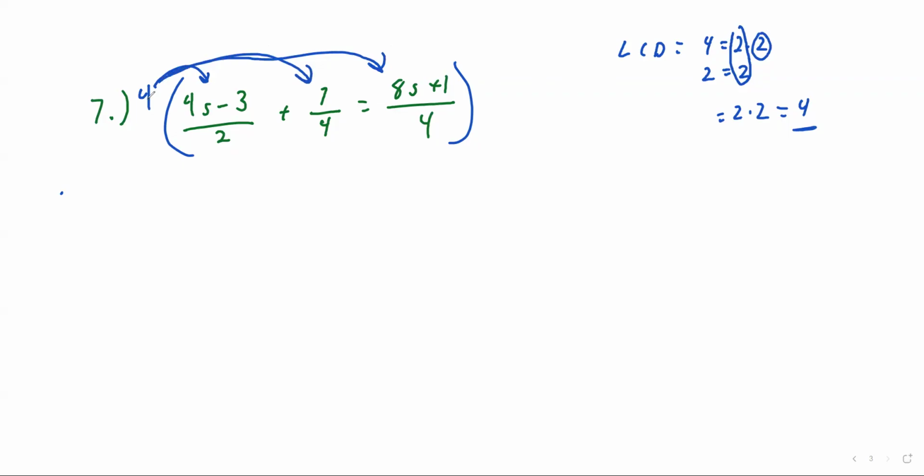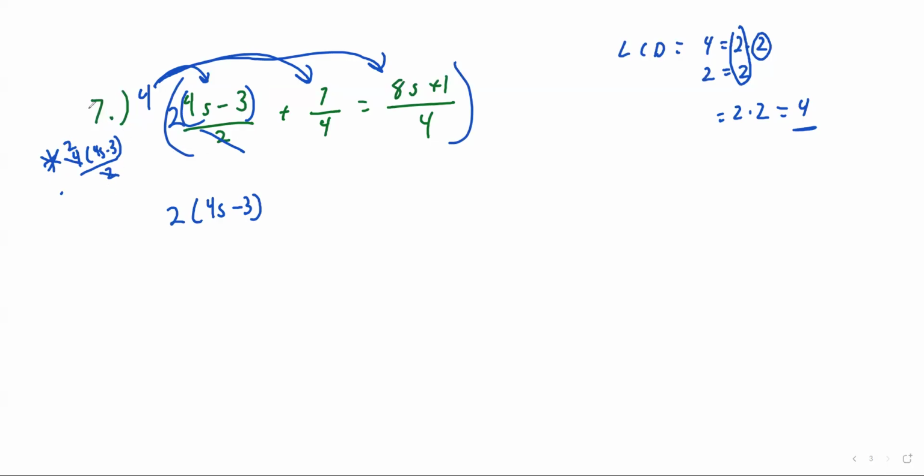Now, what happens is if I take 4 and multiply it to this fraction, 2 goes into 4 2 times. So therefore, I'm really going to multiply this guy by 2. So I'll rewrite it. Again, the least common denominator is 4, but 2 goes into 4 2 times. On a side note, this is what it would look like. You would say 4 times 4s minus 3 over 2, and then 2 can go into 4 2 times.